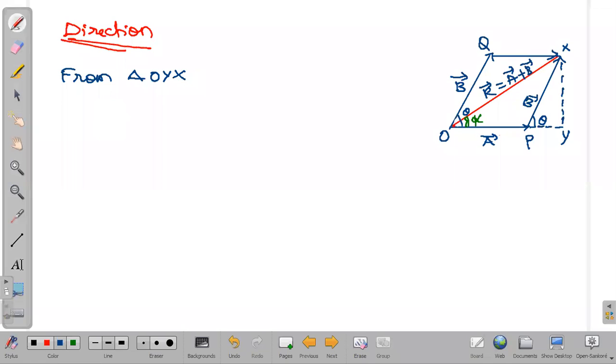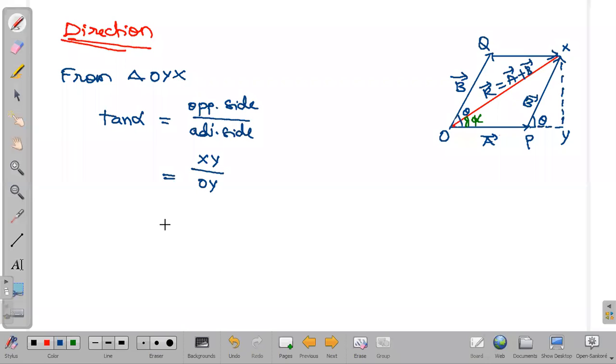So if I apply tan alpha is equal to opposite side by adjacent side. Usually we write tan theta as opposite side by adjacent side. What is our opposite side here? Opposite side of alpha is XY and adjacent side is OY completely, O to Y total.